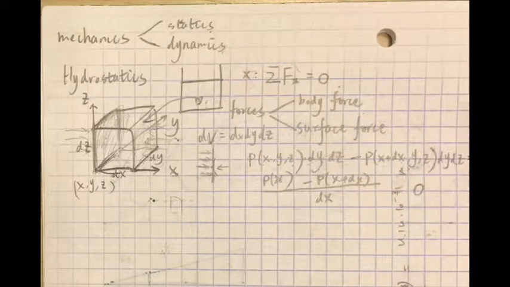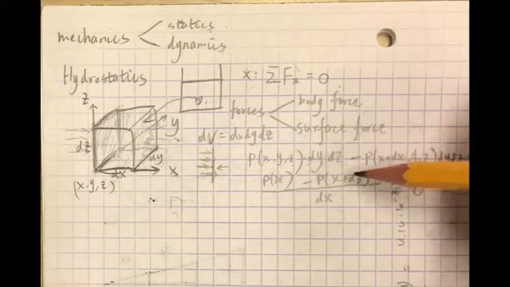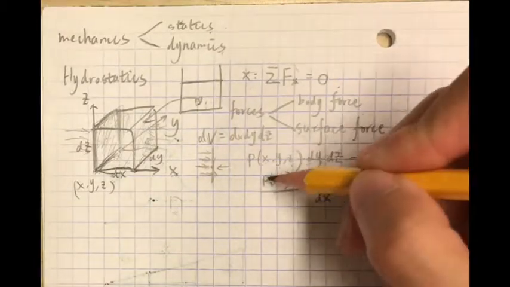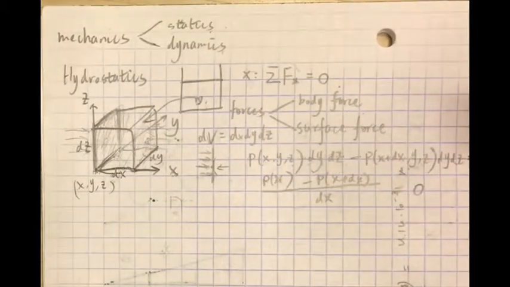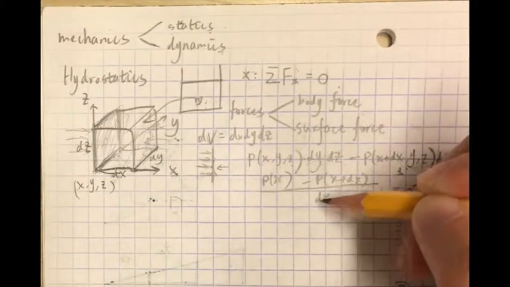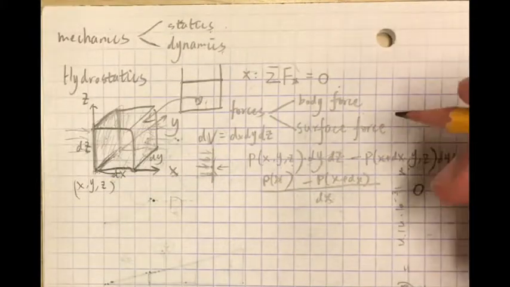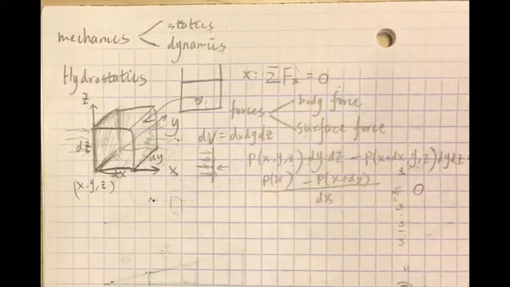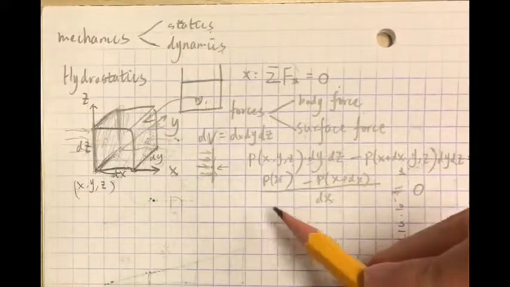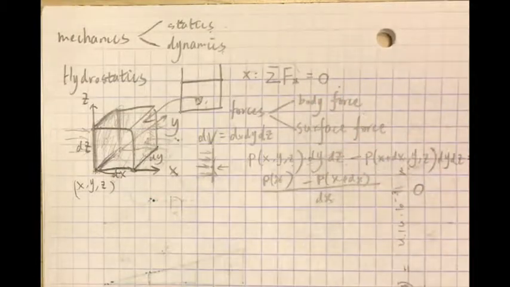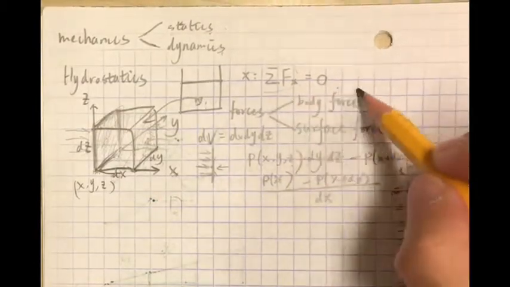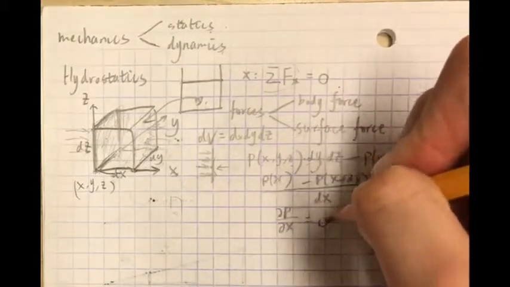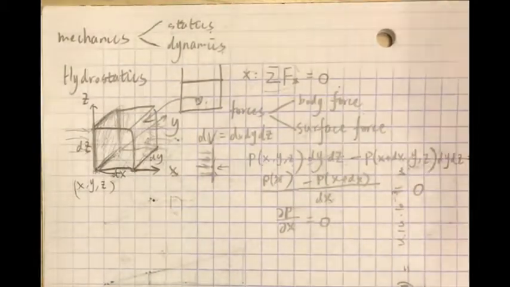Well, this is the negative of the pressure change with respect to the x direction, as dx goes to 0. So actually, if we let dx tend to 0, we get a differential equation, which is partial p partial x equals 0. So this is what we have.